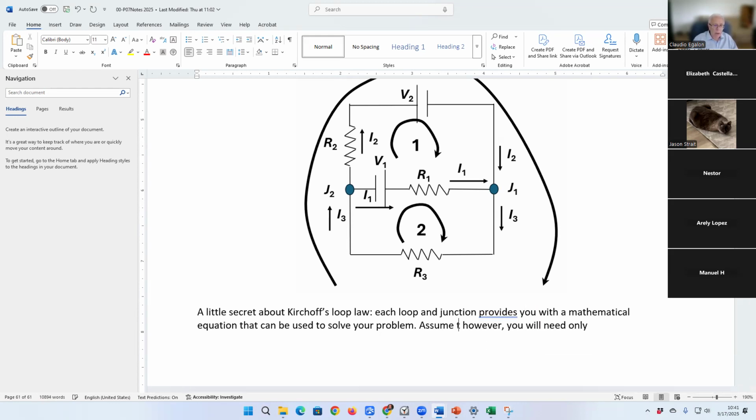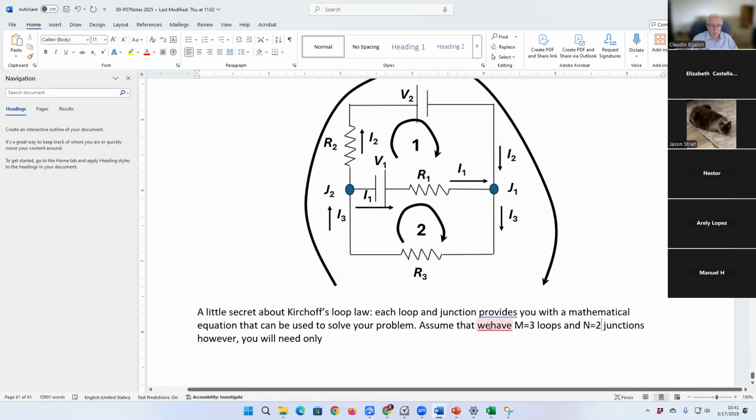Assume that we have m loops and n junctions. In this case, m is equal to 3 and n equal to what? 2, right? M loops and n junctions.